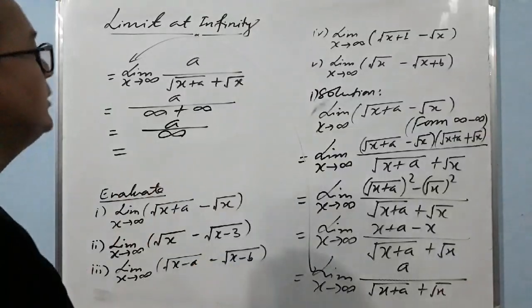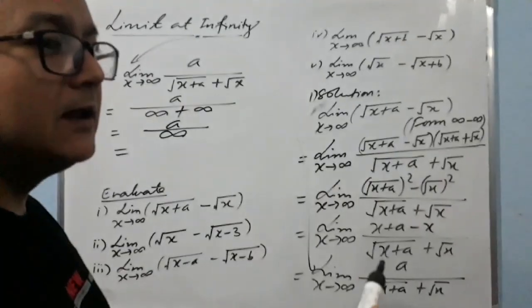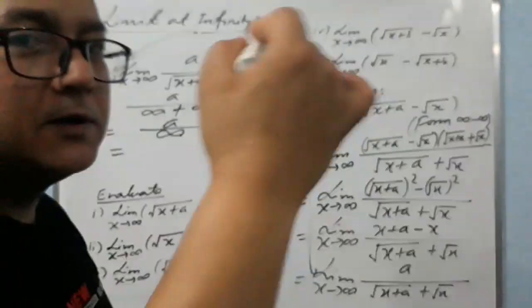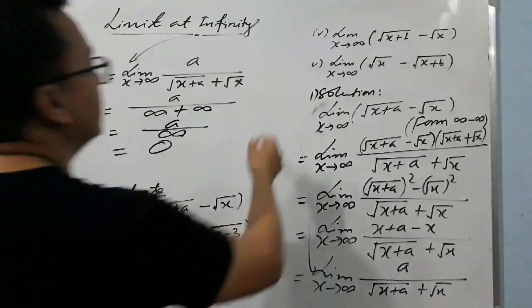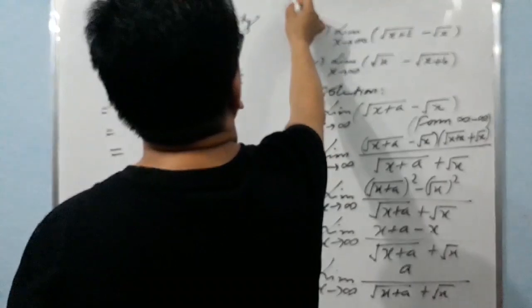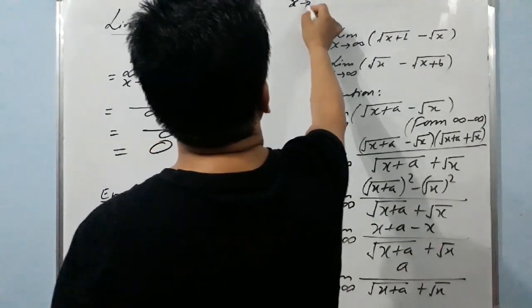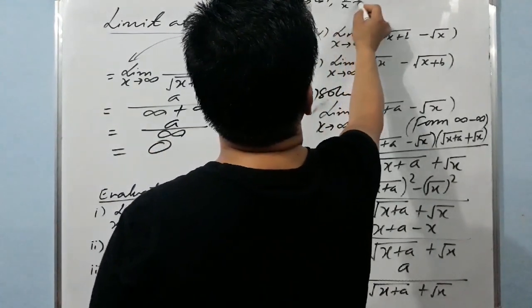As I told you, a real number except 0 upon infinity is 0. As I already explained, as x tends to infinity, 1 upon x tends to 0.